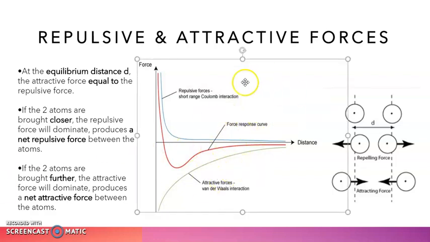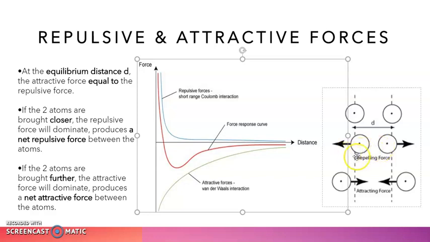To understand this diagram properly, consider that two molecules are present and the distance between them is quite large, so that no attraction or repulsion is present. When the distance is very large between them, neither attraction nor repulsion is present.